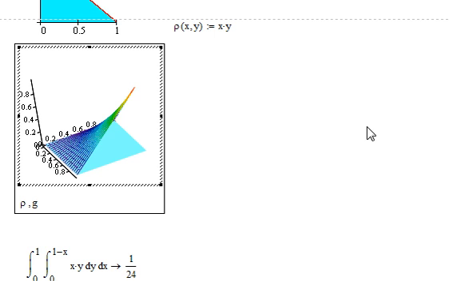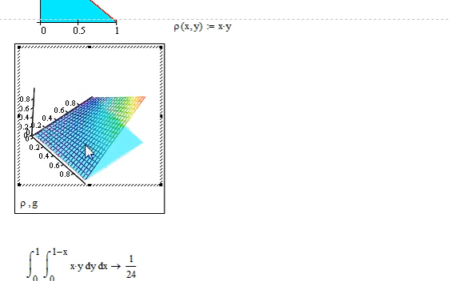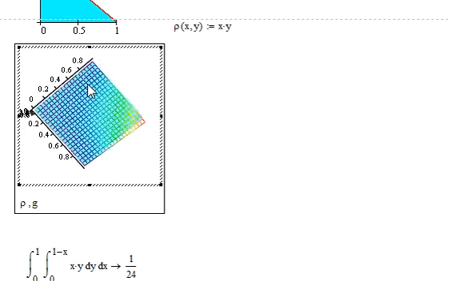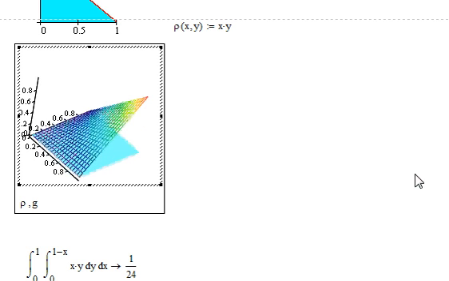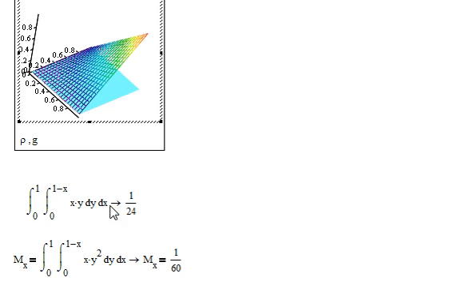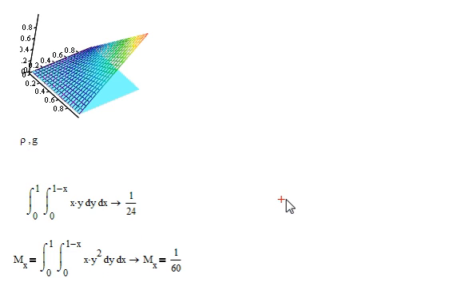You could think of this as the mass of the object, or you could also say it's the volume underneath the surface xy and above that triangular region, the line jutting between here and here. This integration is too easy, I just let my machine do it, and I got 1/24.